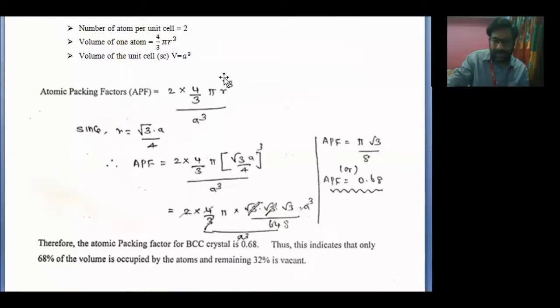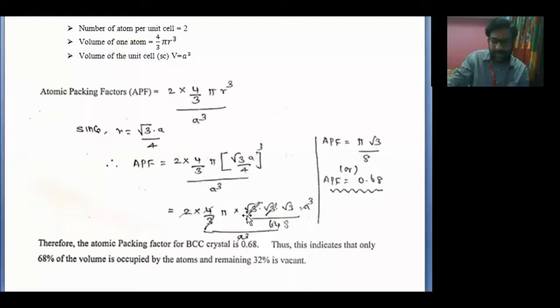Since we know the value of r is equal to root 3 a by 4, substituting the value of r, we can write 2 into 4 by 3 pi into root 3 into a cube by 64, by a cube. So we are just cancelling the terms. Root 3 becomes a 3, so we can cancel these.